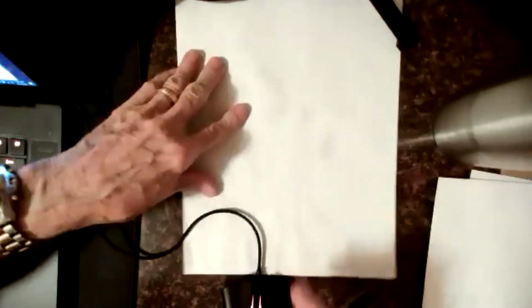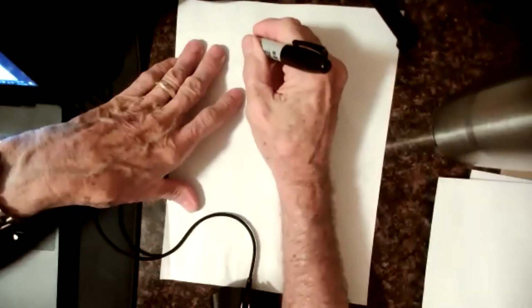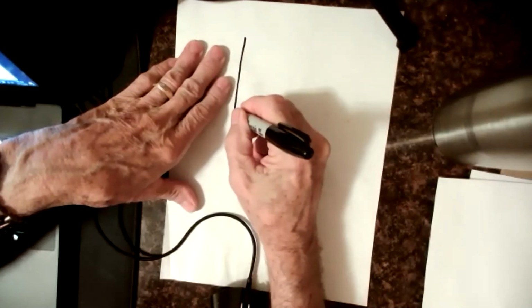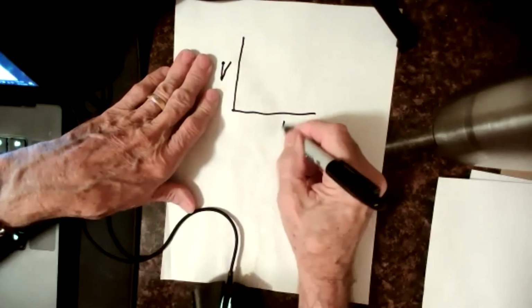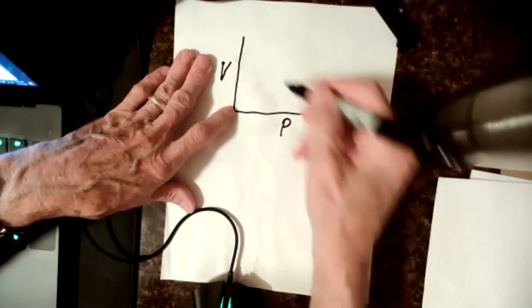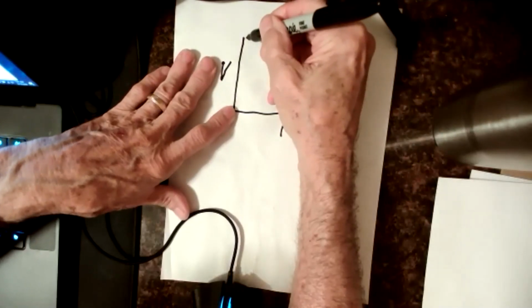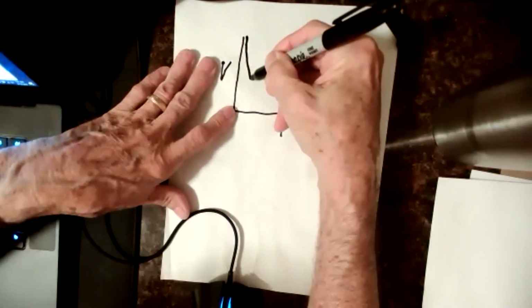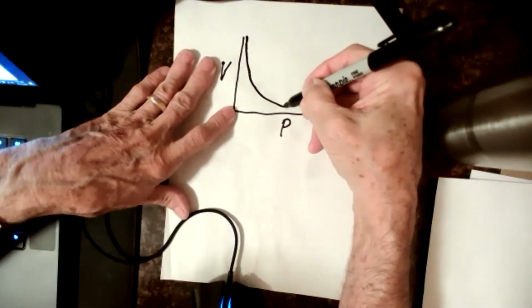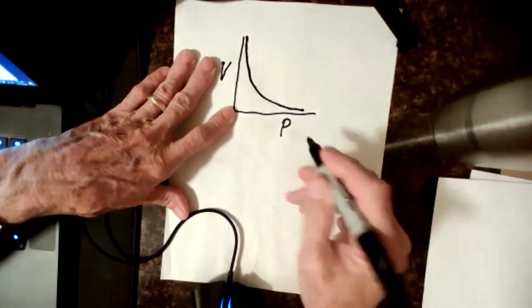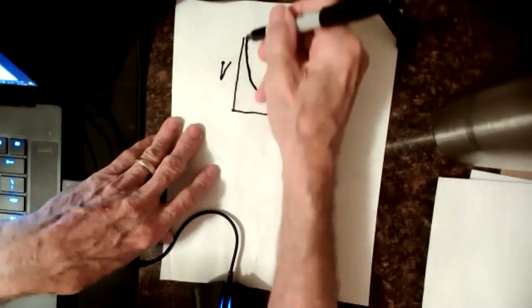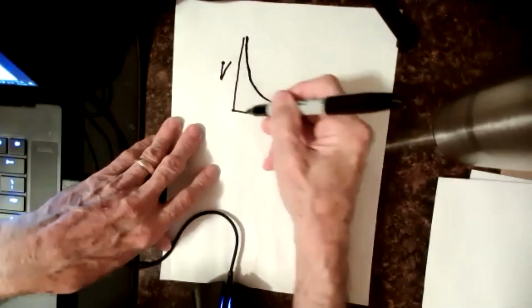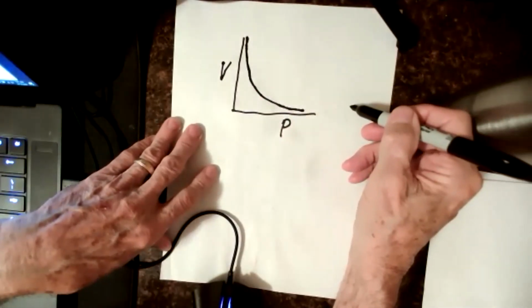So if I'm taking data in the lab and I make myself a graph of volume on the y-axis, against pressure on the x-axis, what you're going to get is a graph that mathematicians call a hyperbola. It'll look like that. When the pressure is small, the volume is high. When the pressure is high, the volume will be low.